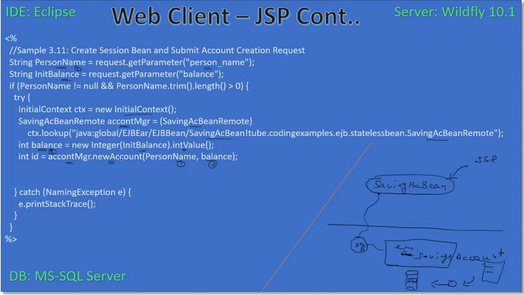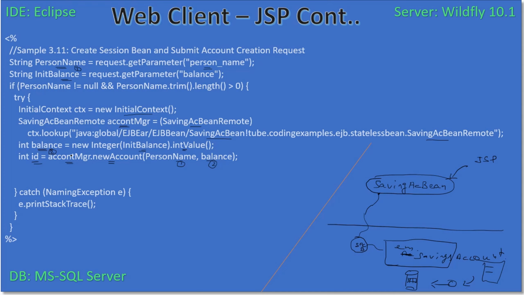Alright, here new account is just a remote method. Persist and all that information is hidden on the server side. Once the EntityManager persists it, it returns the integer ID of the new record, and that is returned back. Here we get that ID in our client.